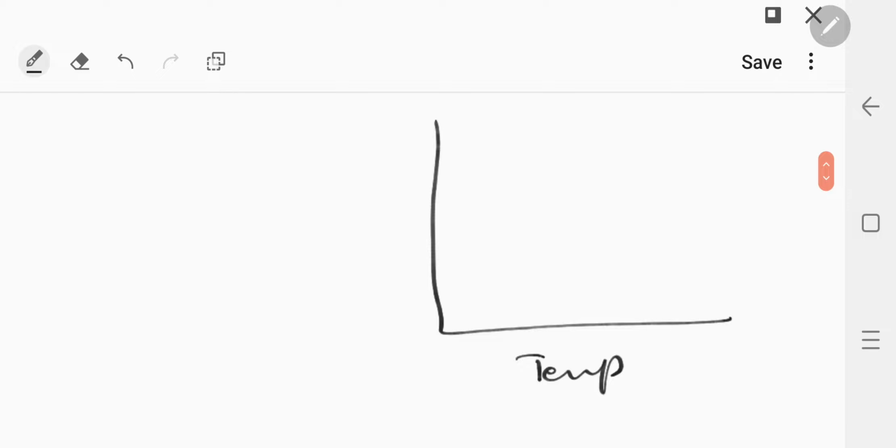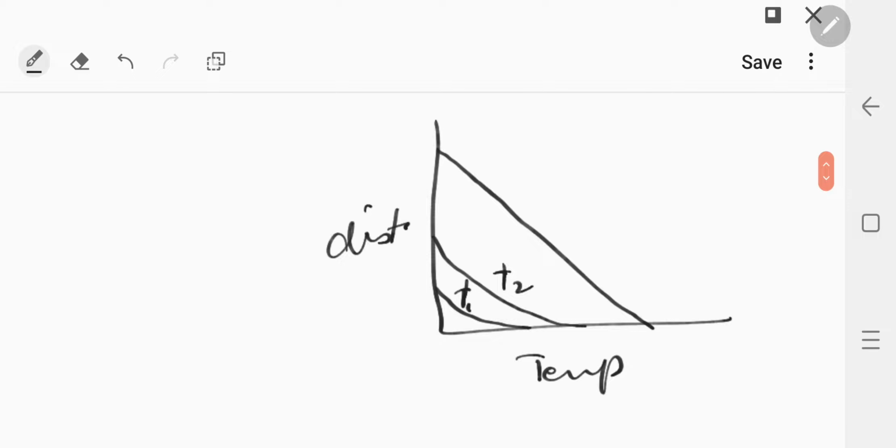That is, if we plot a graph between the temperature profile and the distance between the plates, then at time t equal to t1, this will be the temperature profile. At time t2, this will be the temperature distribution, and slowly under steady state condition, there will be a linear temperature distribution between both the plates.